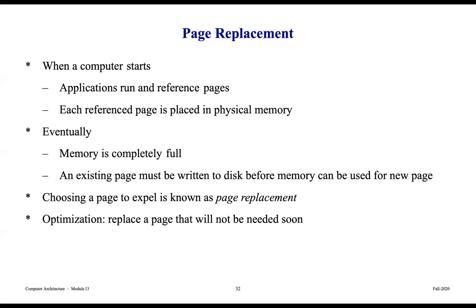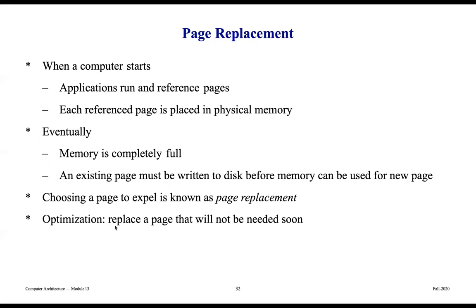Well, what about page replacement? When a computer starts, the application runs and references pages. Each referenced page is placed into physical memory. And eventually, the memory is completely full. An existing page must be written to disk before memory can be used for a new page. Choosing a page to expel is known as page replacement.